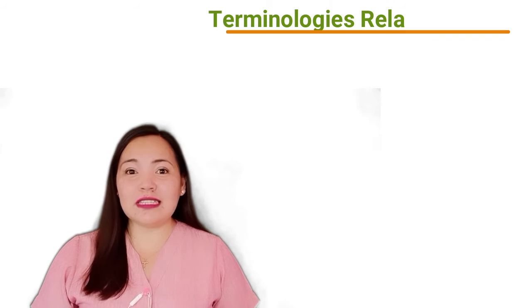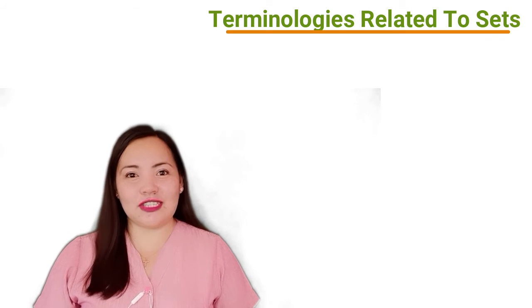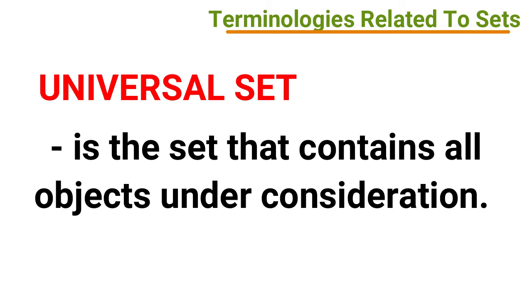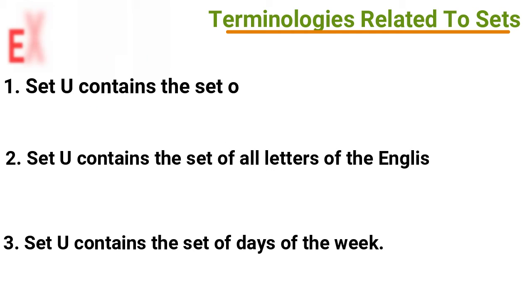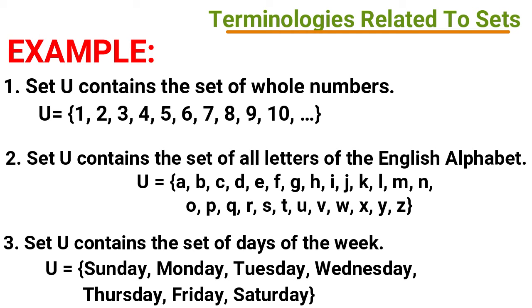This time, we will dig deeper into the different terminologies related to sets. The universal set is a set that contains all objects under consideration. The 3 sets are examples of a universal set.